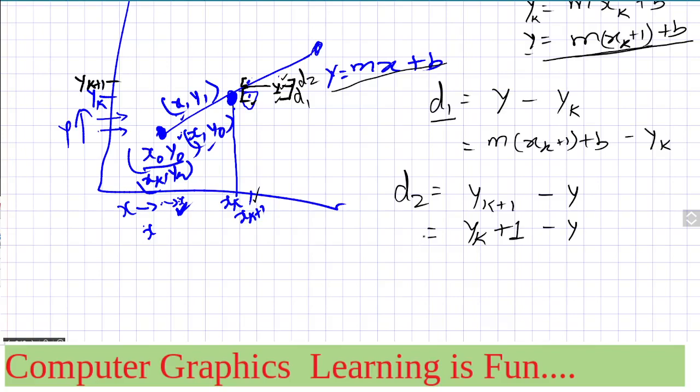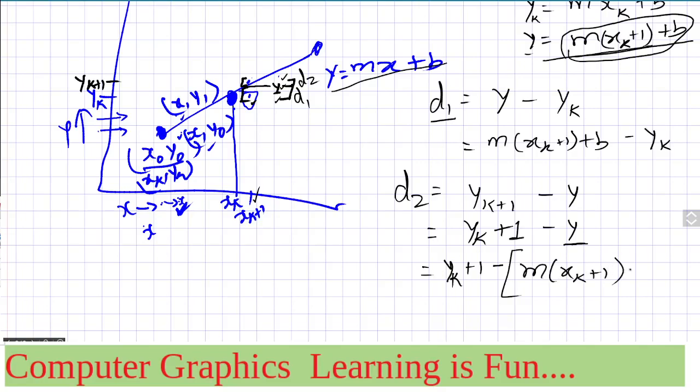Now here you have to understand what y was. Y is mxk plus 1 plus b, right? So let me keep it as it is here, yk plus 1 minus, what is the value of y? It is mxk plus 1 plus b, right?